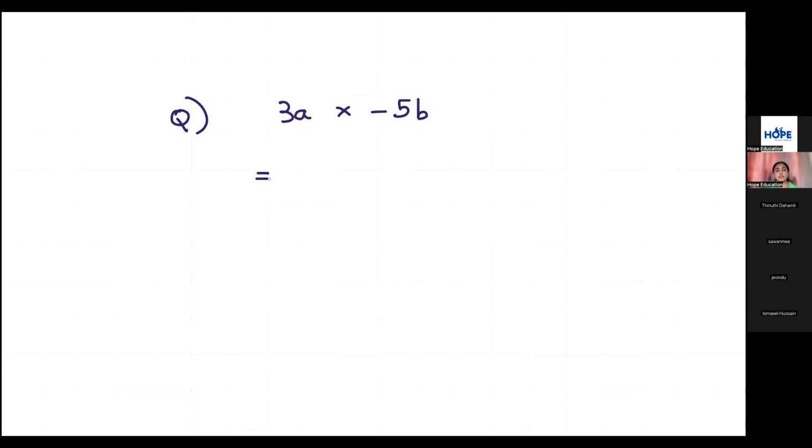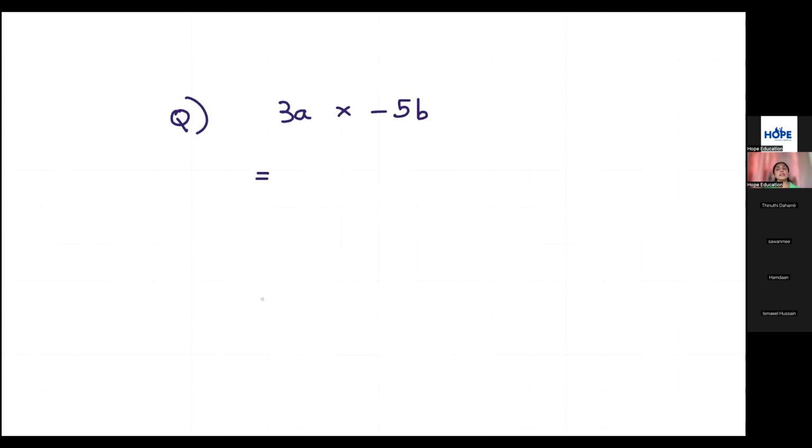Minus 15AB, okay. If you can't unmute, you can also use the chat box.